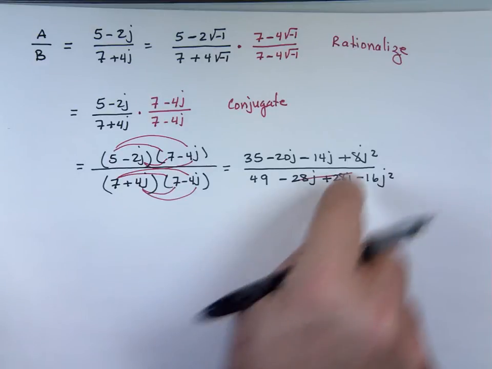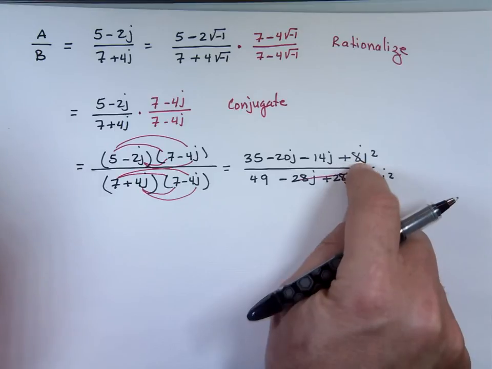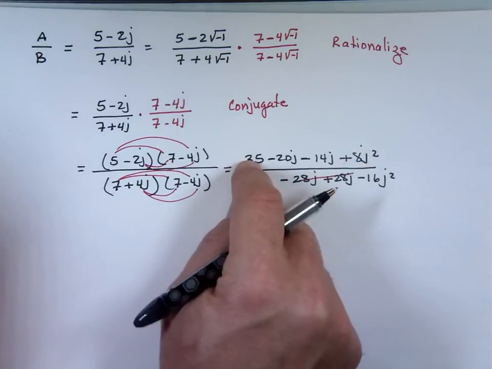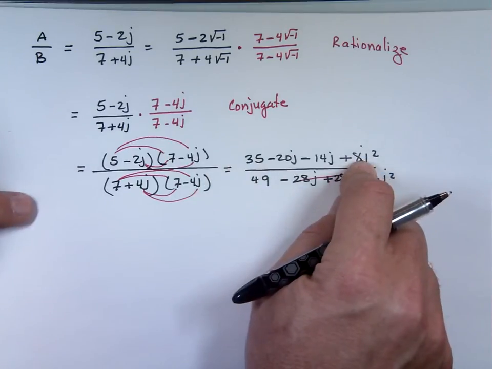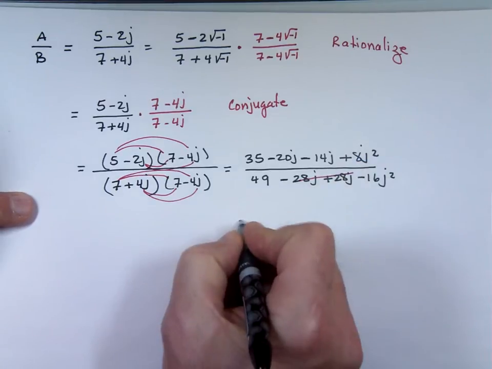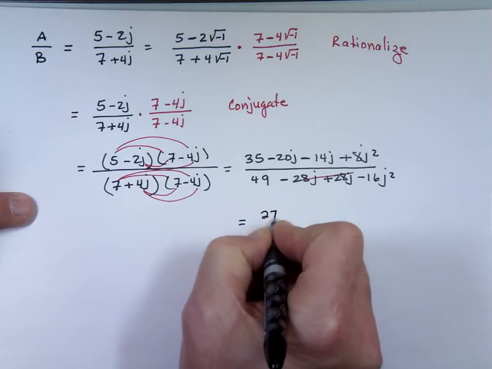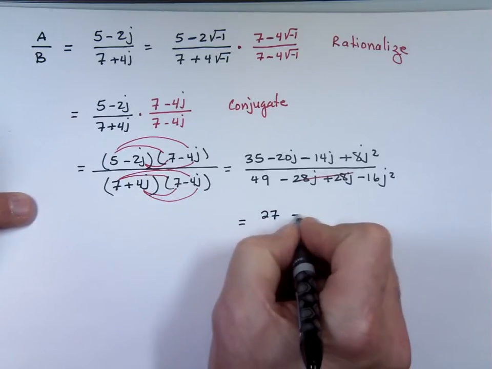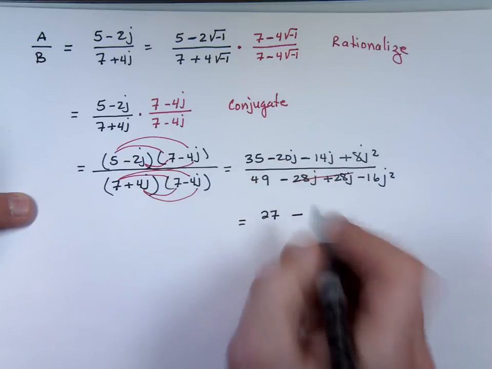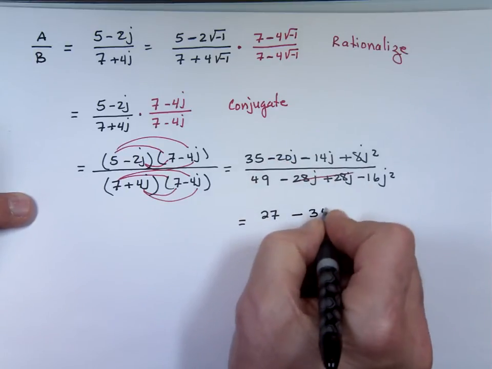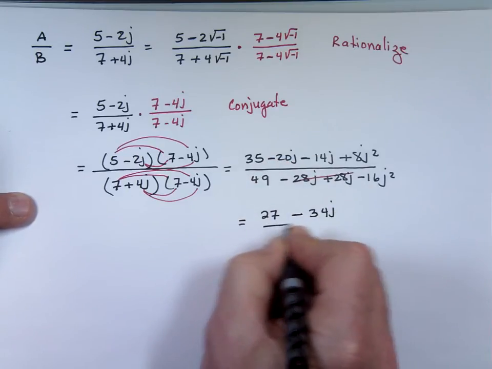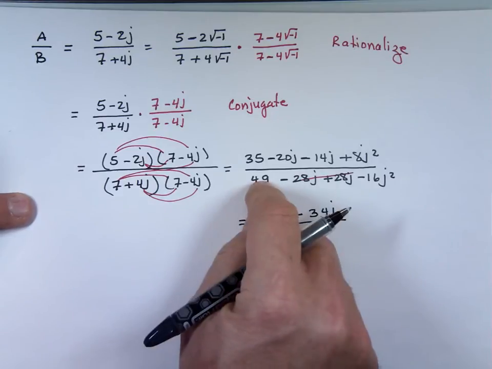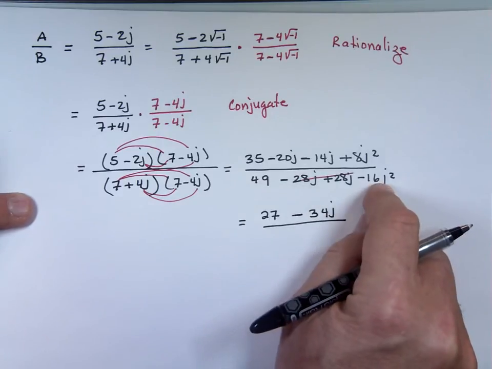This becomes a negative 8, since j squared is minus 1. What's 35 minus 8? It's 27. Minus 20 and 14 is minus 34j. On the bottom, 49, and this becomes a plus 16, since j squared is minus 1.